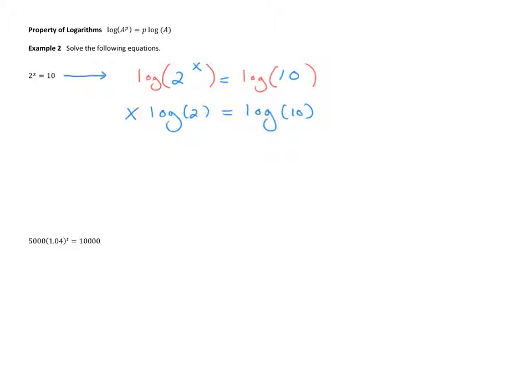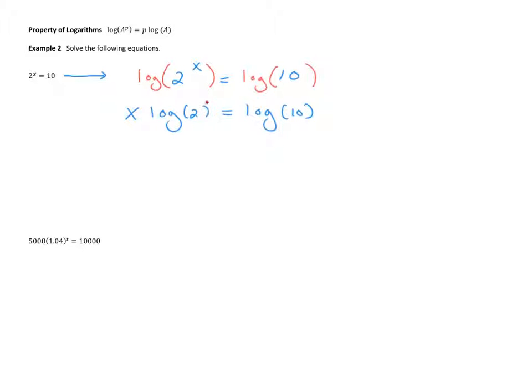So just to pause right here, we started with an exponential equation. I applied the logarithm to both sides, meaning these two things are still equal, but now my exponent, the variable, is no longer there. It's here. This is now a linear equation. It's x times a number is equal to another number. Sure, these are pretty complicated numbers, but it's extremely easy to solve this equation for x.